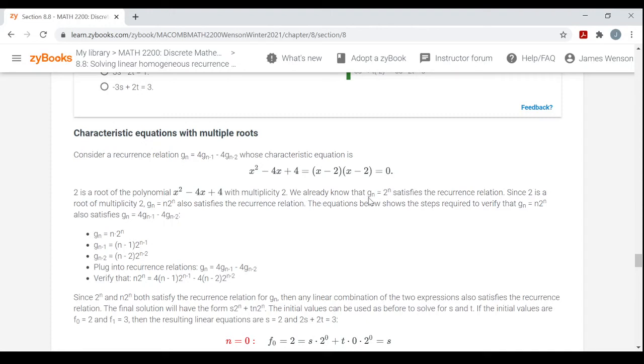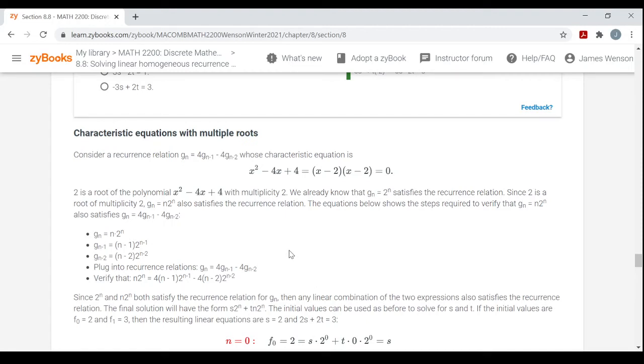Now we already know that 2 to the nth would work, from an earlier part of the section. Since 2 is a root of multiplicity 2, g equals n times 2 to the nth also satisfies the recurrence relation. And they show that here.